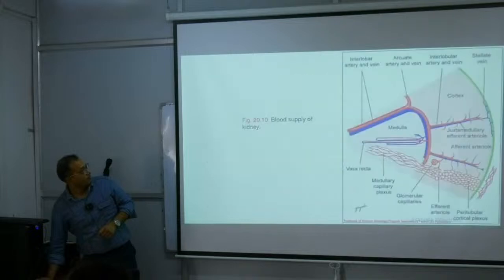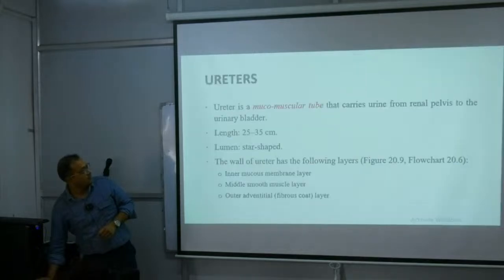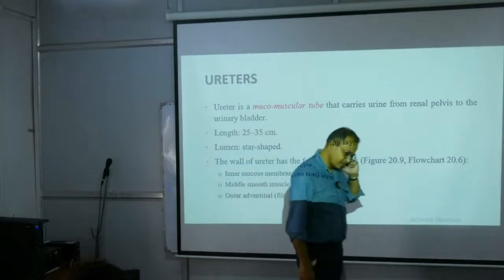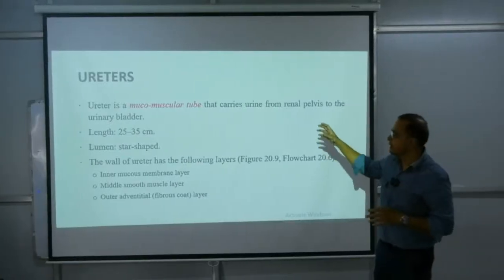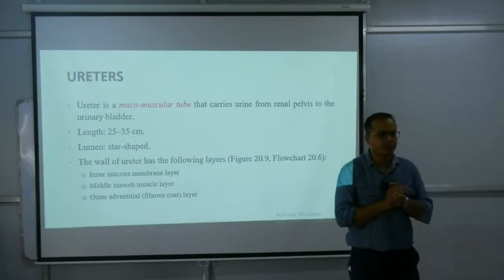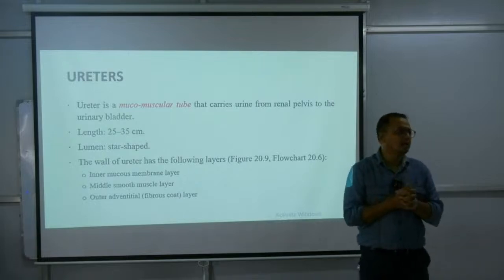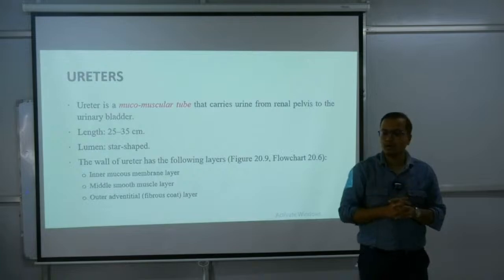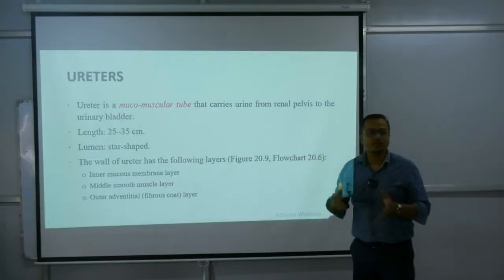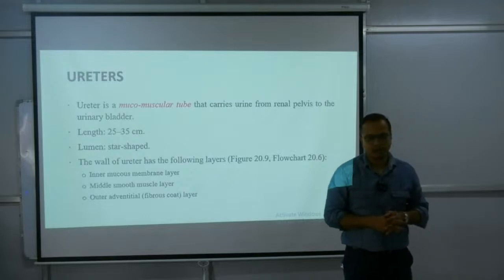Now we are moving to the collecting system of urine, which starts with the urinary bladder and the drainage pipe which drains into it. We call it the ureter. We have the right and left ureter, carrying urine from the kidney, which is the production house, and transporting it to the reservoir, which is the urinary bladder.